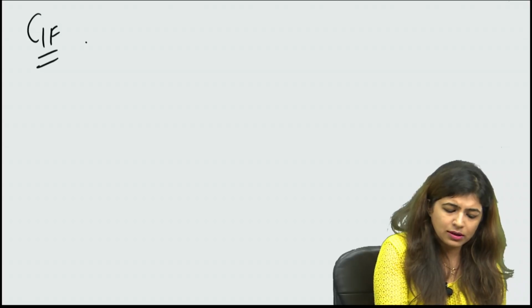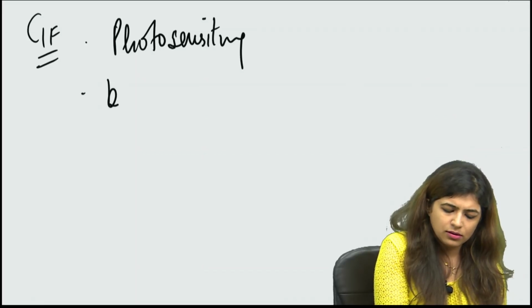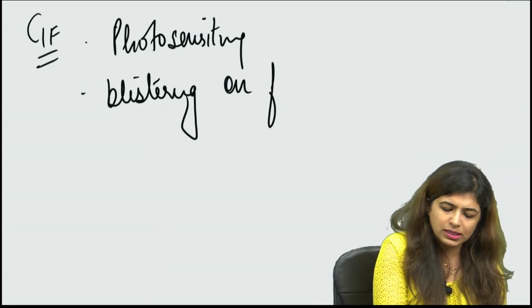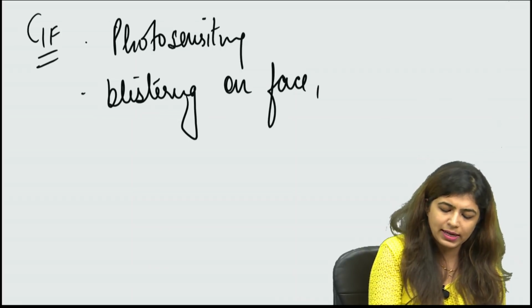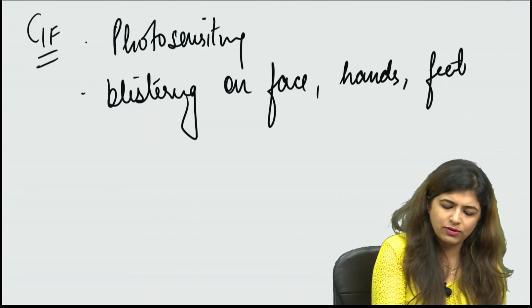Now, what are the clinical features? You have photosensitivity, then you have blistering on these areas which are exposed to sunlight, face, hands and feet.